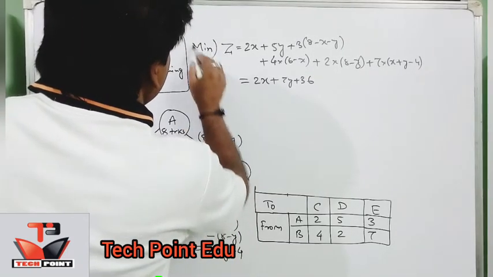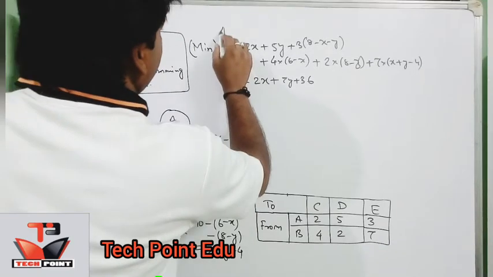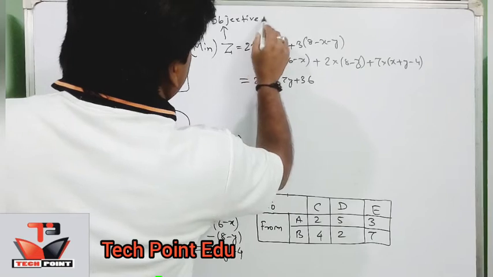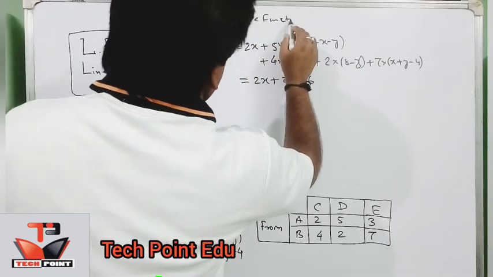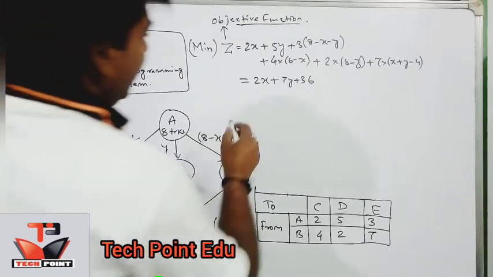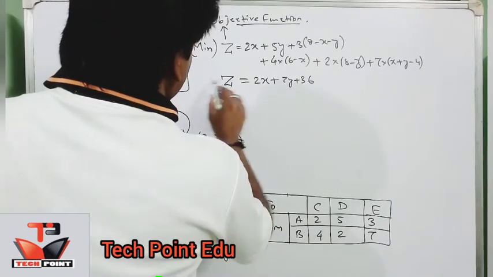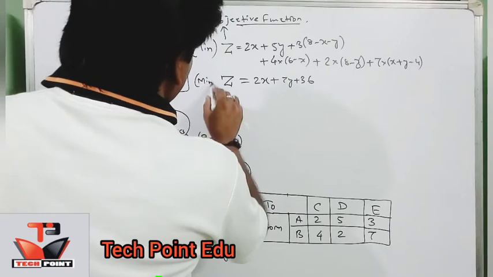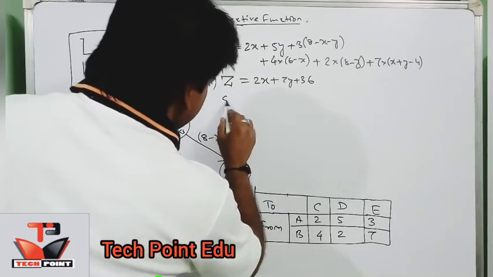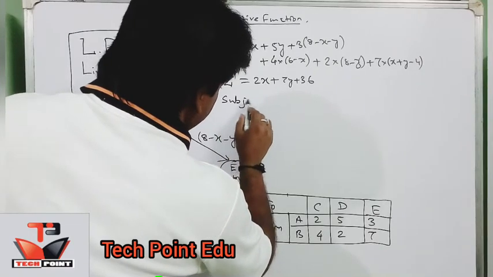The sum is minimize Z, and this Z is your objective function. This Z will be your objective function. That means your objective function becomes minimize Z. Now I have to find the subject to constraints.